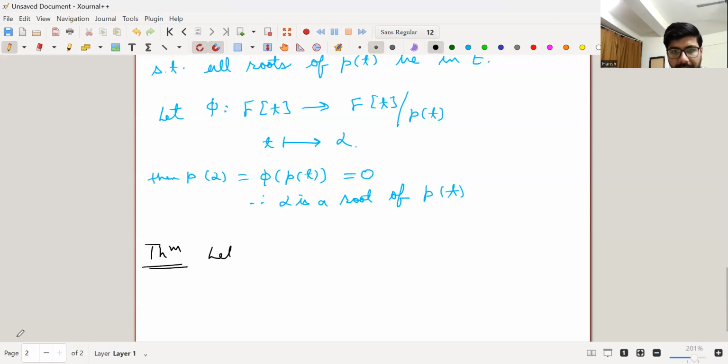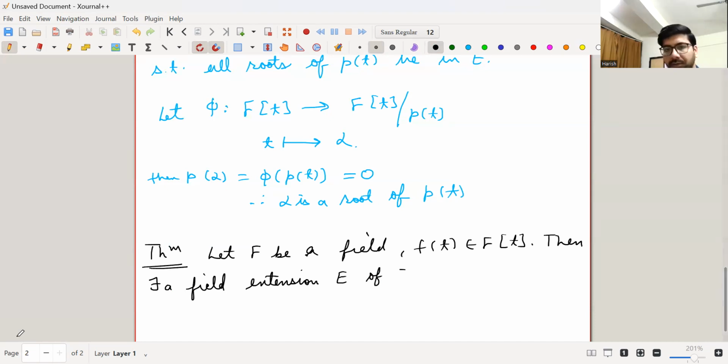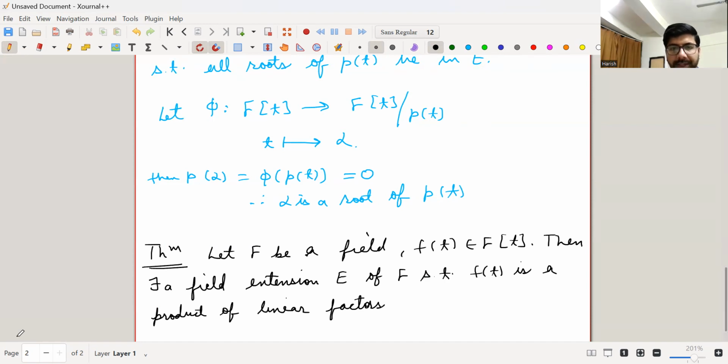So the theorem is, let F be a field and f(t) belongs to F[t], be any polynomial, then there exists a field extension E of F such that f(t) is a product of linear factors in E[t].